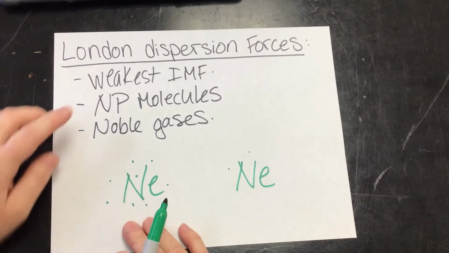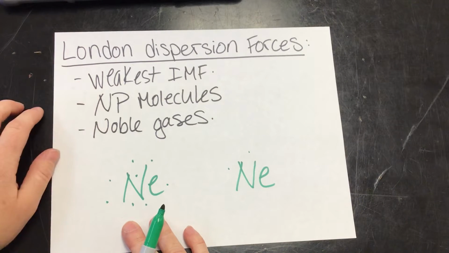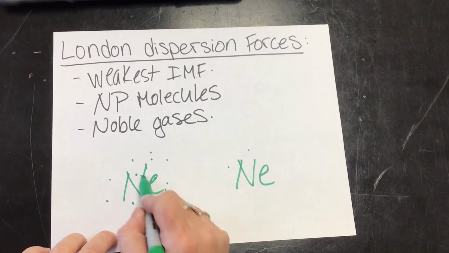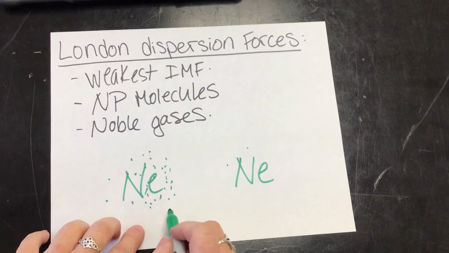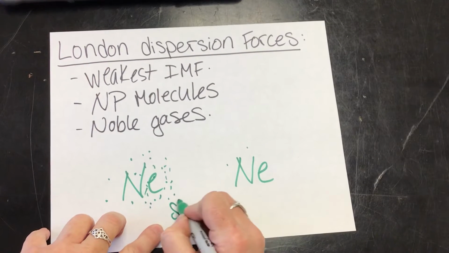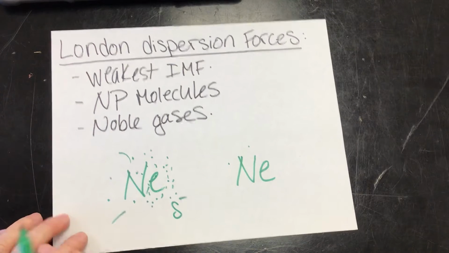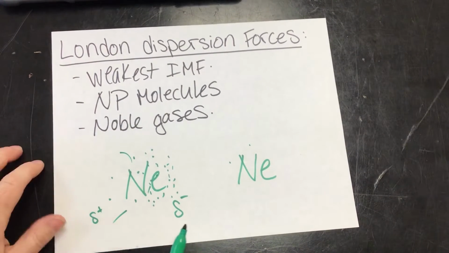Now, what ends up creating a very weak and quick force of attraction is when those electrons all happen to be on the same side of the atom at the same time. What it does is it temporarily creates a partially negative side, and then on the other side of the atom, that positive nuclear charge is shown.